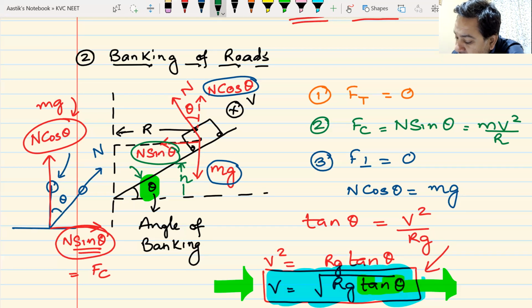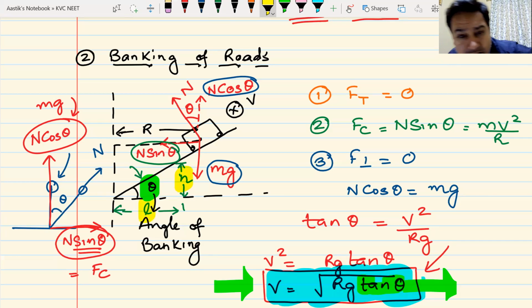The road is lifted by a height h, which I am showing right now. And the length of the road is given as L. So instead of giving you the value of tan theta straight away, they give you the height the road is raised and the length of the road, L, something of this nature.